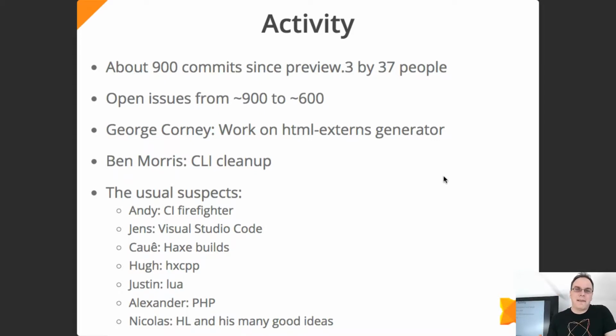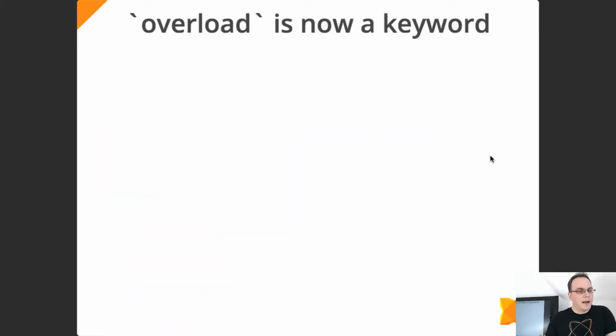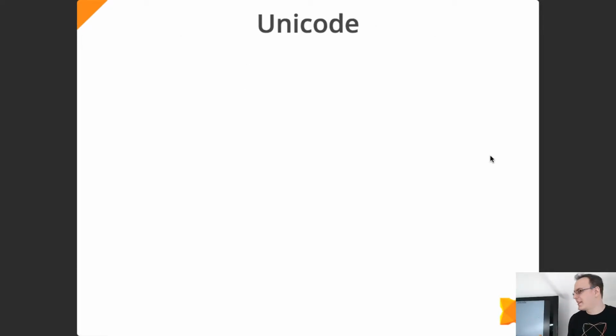But this time we actually went for it. So I'm going to talk about this. You all know what's coming now. It's been a blast to work on this, and I'm talking about, of course, overload is now a keyword. Just kidding. I'm talking about Unicode, of course.